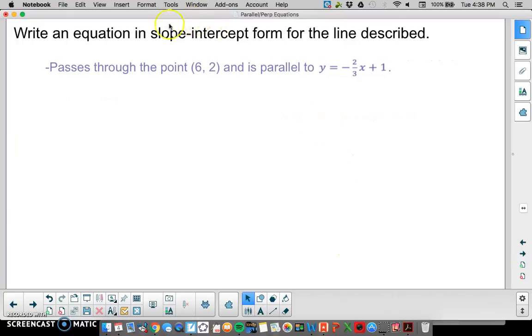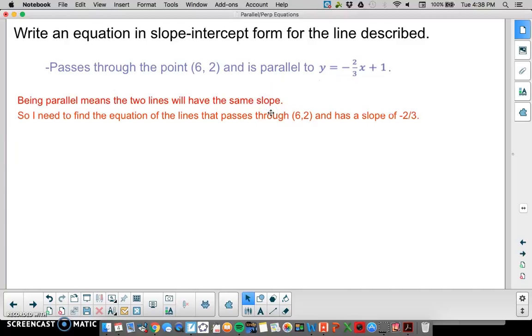In this problem, what we're going to do is write the equation in slope-intercept form for each situation. So we want the line that passes through the point 6, 2 and is parallel to y equals negative 2/3 x plus 1. Well, because the lines are parallel, we're going to have the same slope in both. So the slope here is negative 2/3, so I'm going to use that slope to find my new line.